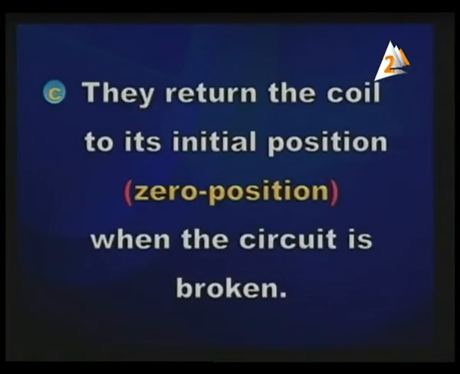Also, hairsprings return the coil to its initial position, to the zero position, when the current is broken. When the galvanometer is disconnected from the circuit, hairsprings return the coil to the zero position.